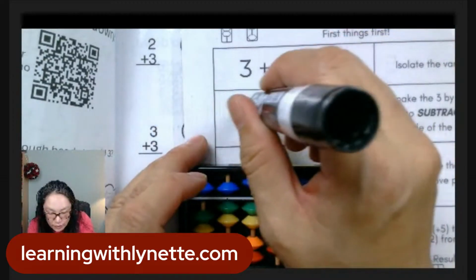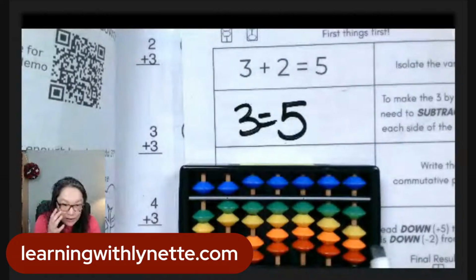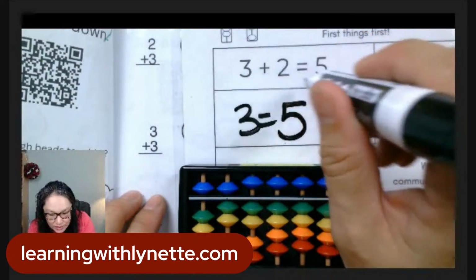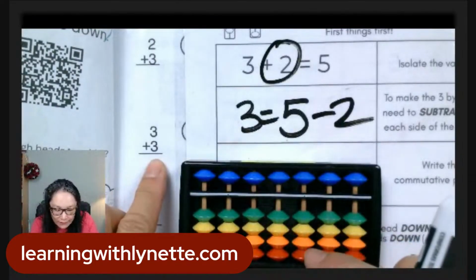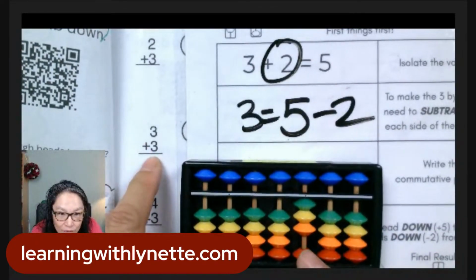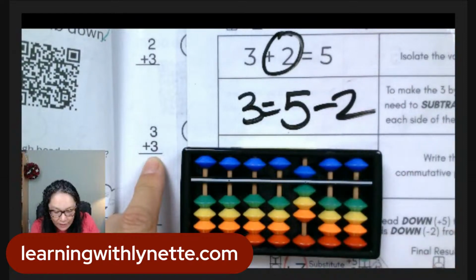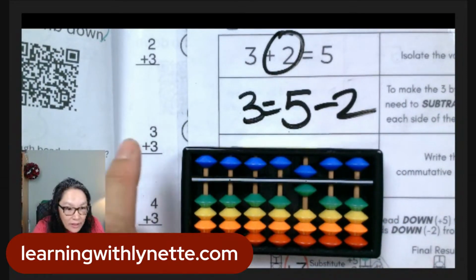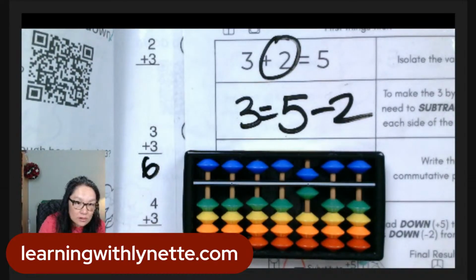When we do 3 and we add 5, it doesn't make sense. It's not balanced. Because it's not balanced, I need to take away the 2. Now it's balanced. What does that mean? When I have 3, I don't have enough to add another 3, right? I only have 1 here. So to add another 3, I plus the 5 and I take away the 2. So my final answer is 6. Does that make sense?